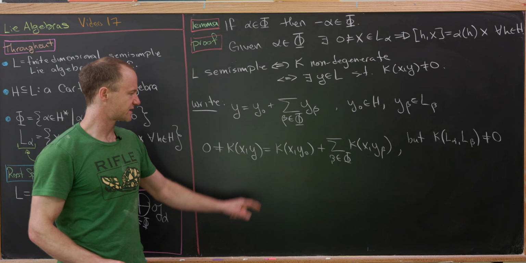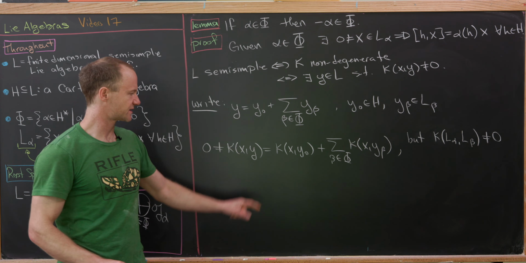So that's going to be kappa of the bracket of t with x, and y, just by the property of the Killing form that we can move the bracket the way that we just did. But then let's recall that this bracket of t with x is equal to alpha evaluated at t times x, given the fact that t is inside of h and x is inside of L alpha.